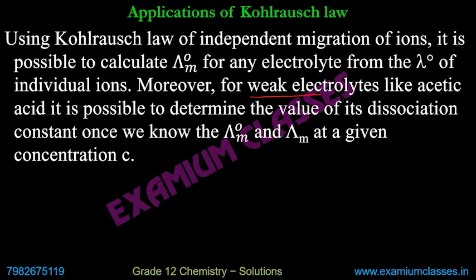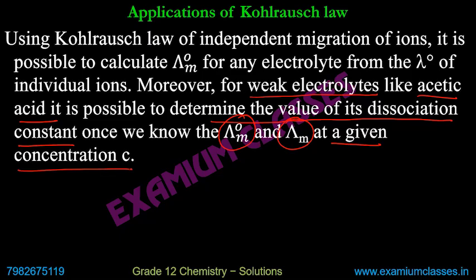Moreover, for weak electrolytes like acetic acid, it is possible to determine the value of its dissociation constant once we know the lambda m naught and lambda m at the given concentration C. We will be doing few numericals, then it will be clear.